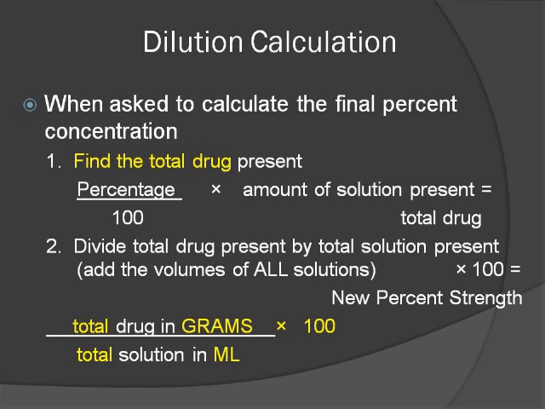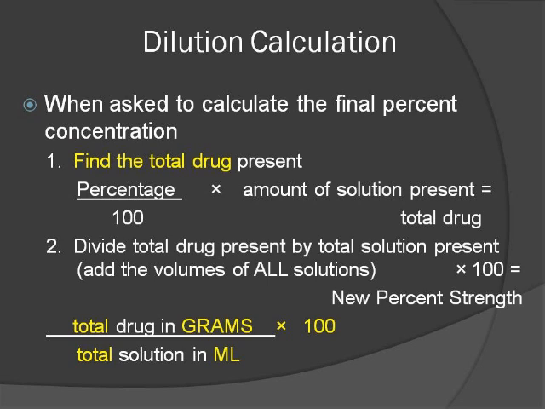We do that by taking the percent number on top over 100, because remember the definition of a percent. Then we multiply it by the amount of solution present in milliliters, and that gives us the amount of drug present in grams. You will do this for each amount of solution that's present.